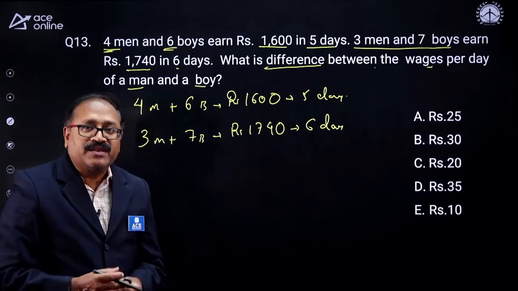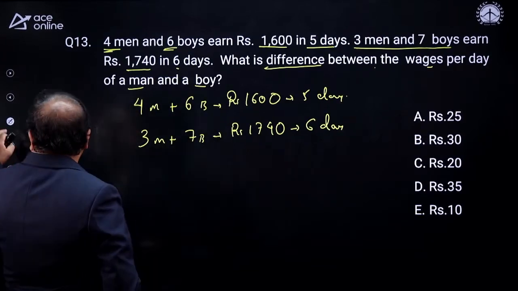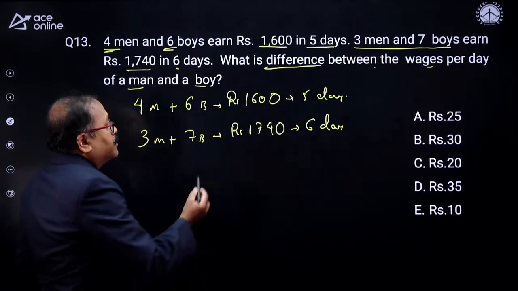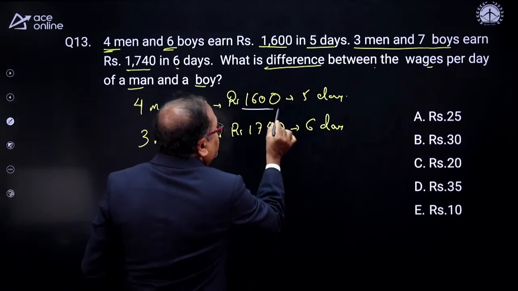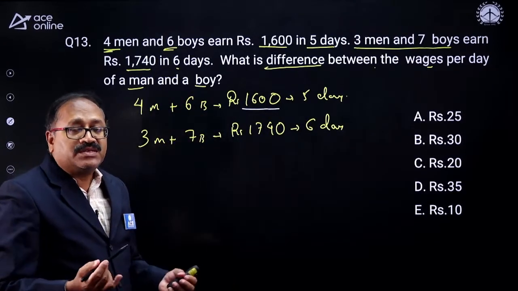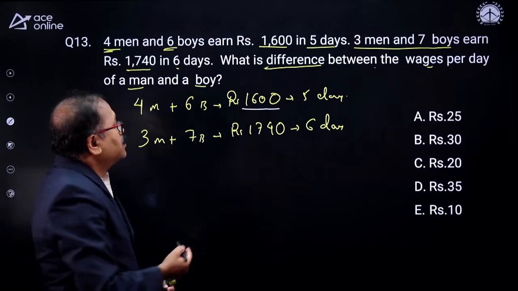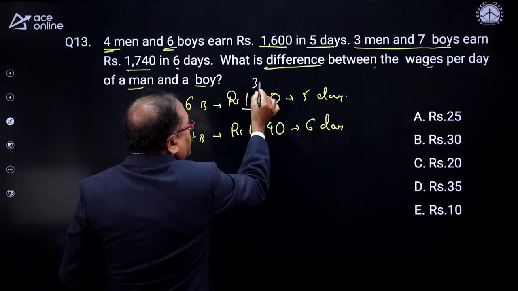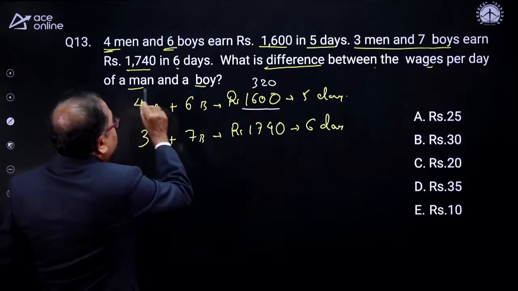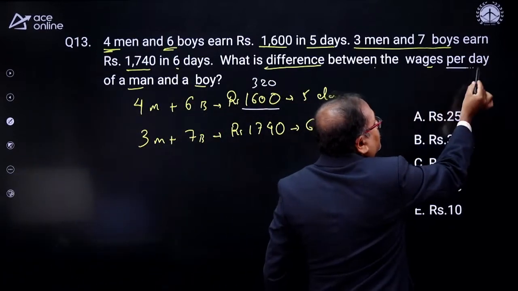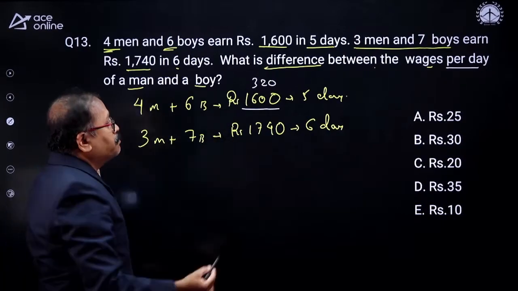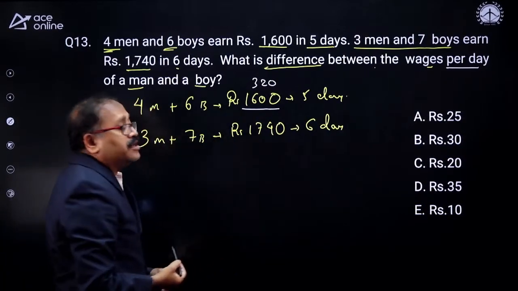30 seconds is over. Now I will answer the question. Sumit sir, see, for 5 days if it is 1600, then for 1 day how much? 1600 divided by 5, that is 320 for 1 day. Because it is said that per day the man's wages and the boy's wages difference. So per day their total wages is 320.